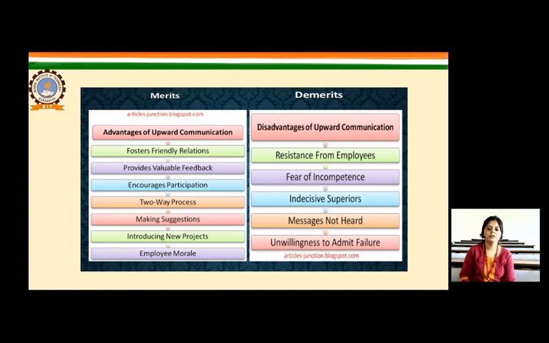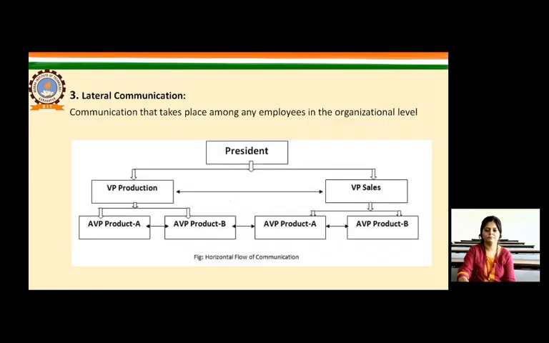So definitely the lower level employees or the executives feel a little demotivated. Then we have unwillingness to admit failure. As the employees can move up to the management, and when they are being asked why they did something and are being held accountable, they might not accept their mistakes, and this leads to unwillingness being generated.